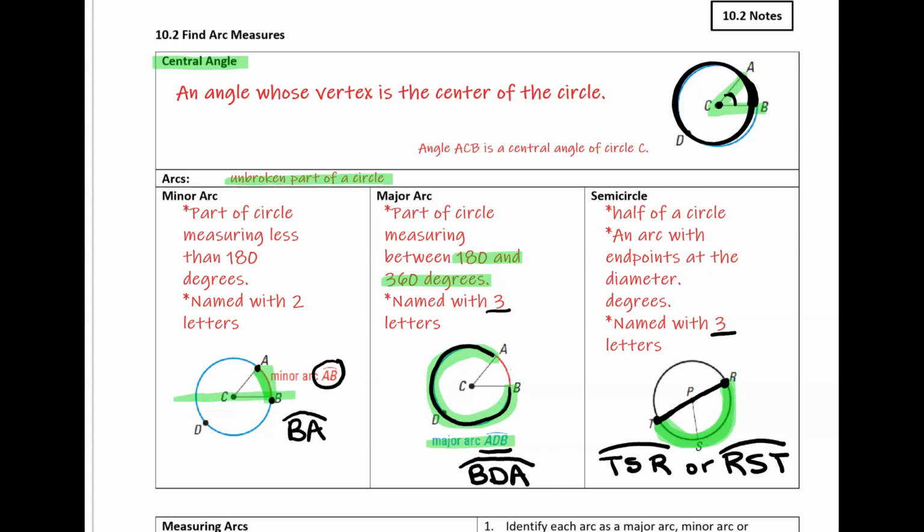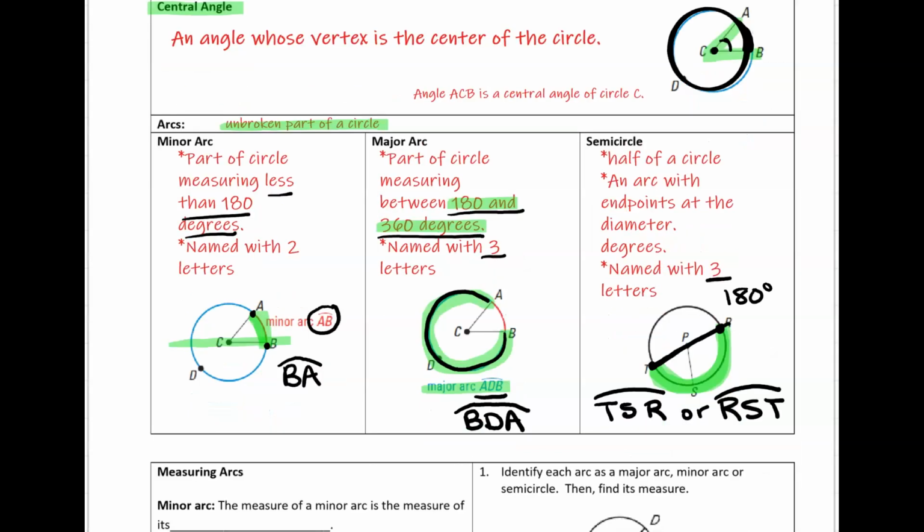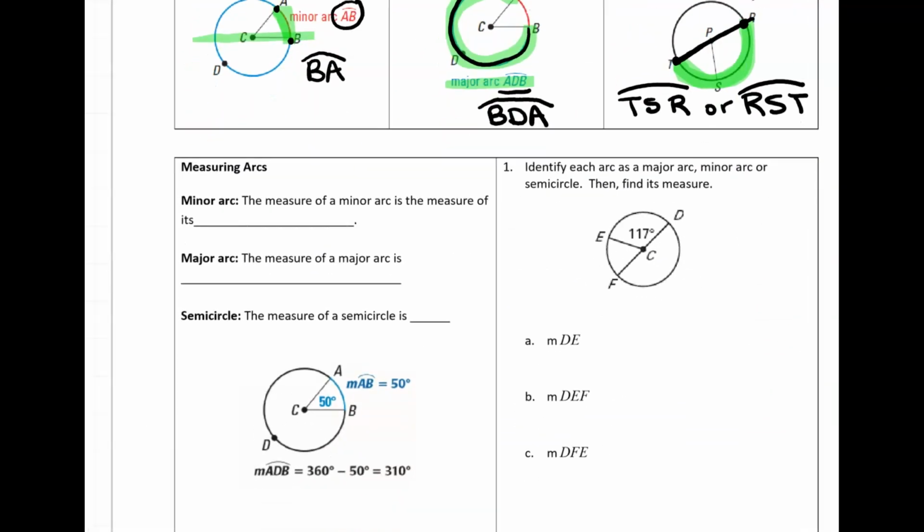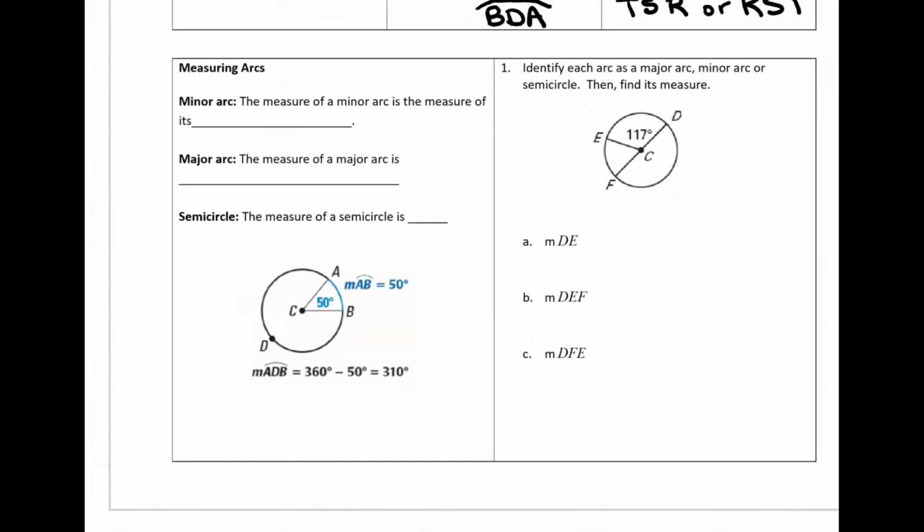So we have a minor arc that is less than 180 degrees. We have a major arc between 180 and 360 degrees. And then we have a semicircle, and hopefully you will know that that is going to be 180 degrees. Now, moving down, let's look at actually how we're supposed to measure arcs.